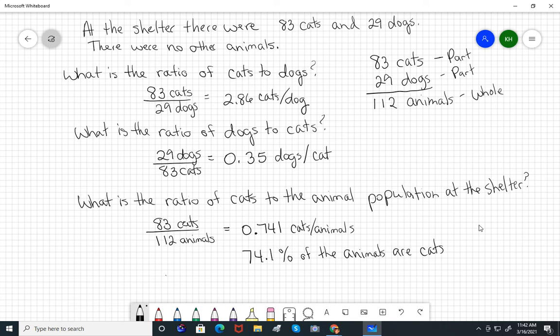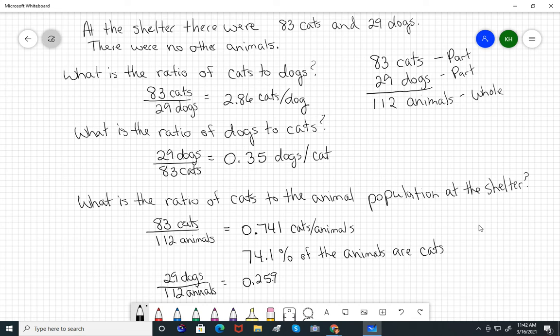Similarly, we know there's 29 dogs. That's the part. There's 112 animals. That's the whole. If we do that as a decimal, that's 0.259.